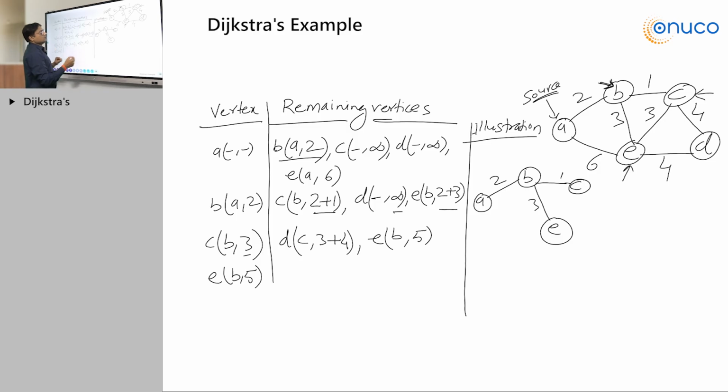We are at E. If you see, E to D there is a path of 4 units, and the distance till E is 5. So 5 plus 4 is 9. But in the previous iteration, if you see, C to D is 7. So if you go via A to B, B to C and C to D, it is 7 units, while A to B, B to E and E to D, it is 9.